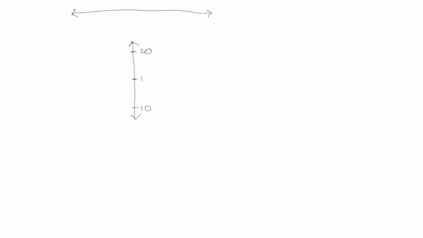Let's try another one. Now we're going to go up to a different unit, and this time we're going to have 20 hundreds instead of 20s, 20 hundreds. And we know 20 hundreds is 2,000.